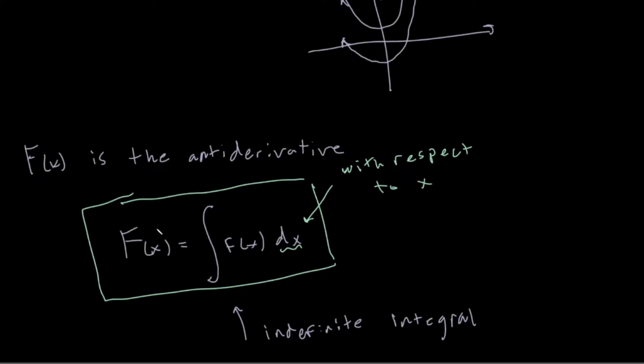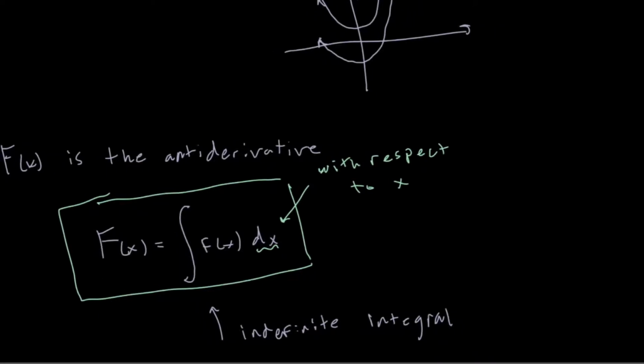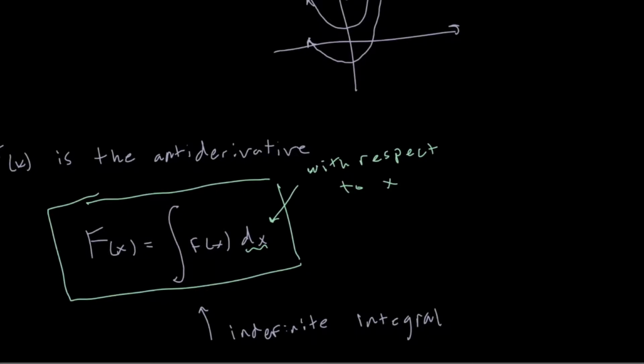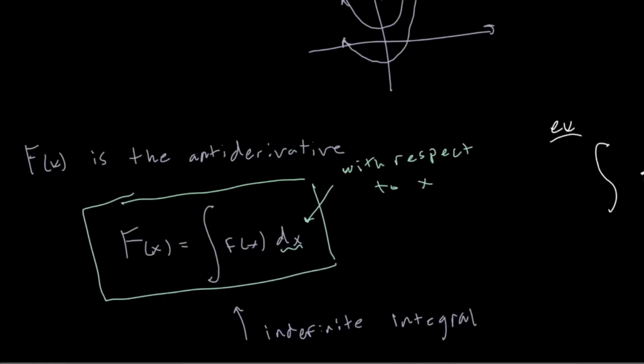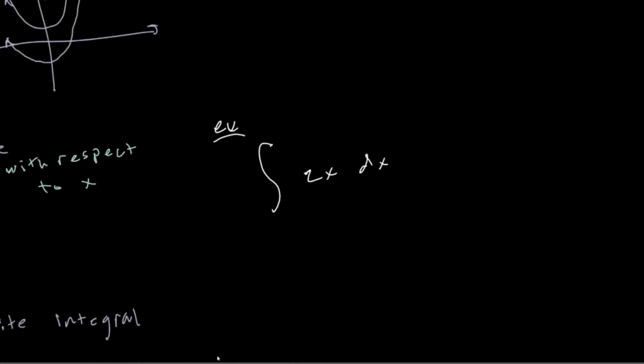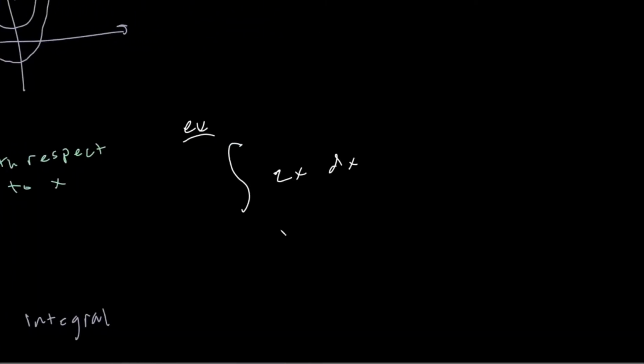So, let me give another example. I want to find the antiderivative of 2x. So what function when derived gives 2x?